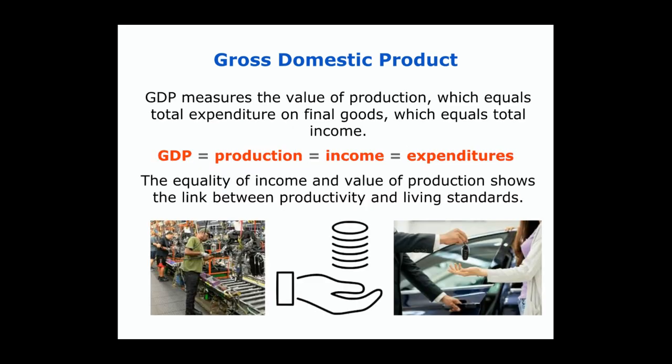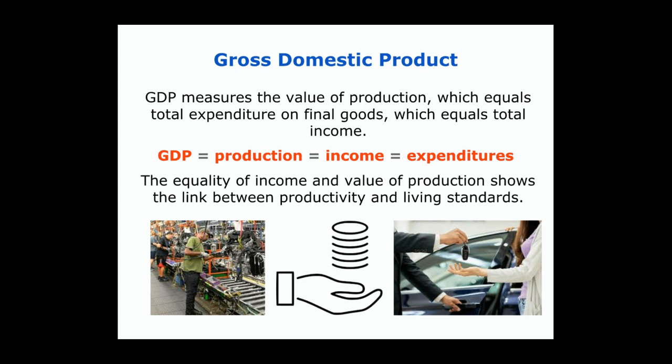And when we're calculating the gross domestic product, we measure the value of all the things that are produced. Well, it turns out that all the things that are produced happen to be equal also to all of the incomes that are generated in the economy.